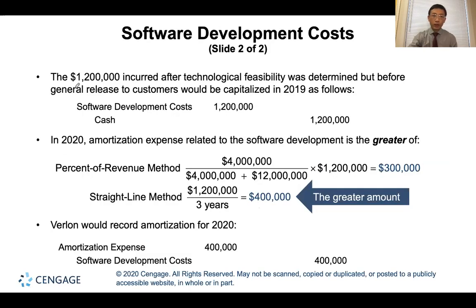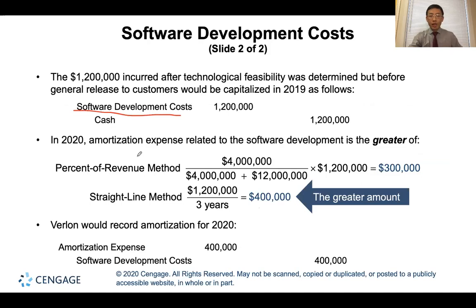So first, the $1,200,000 after the technological feasibility, we need to capitalize. So debit software development costs, credit cash. Software development cost is an intangible asset.